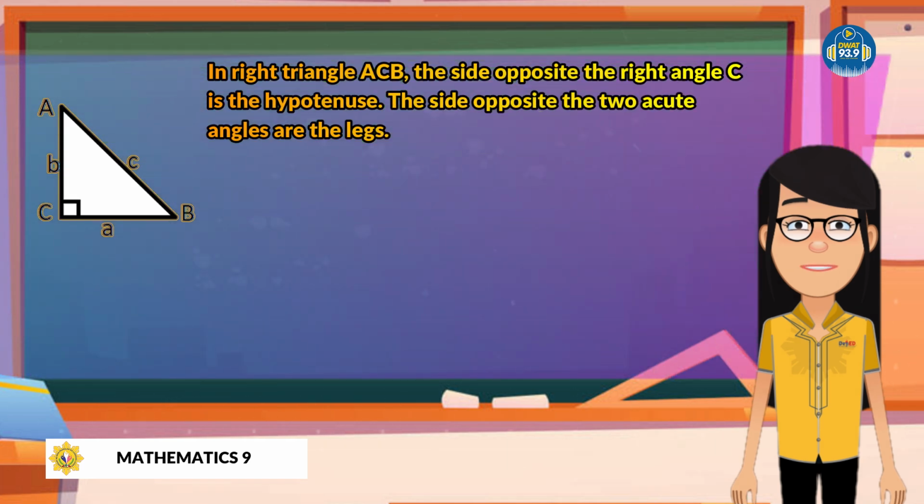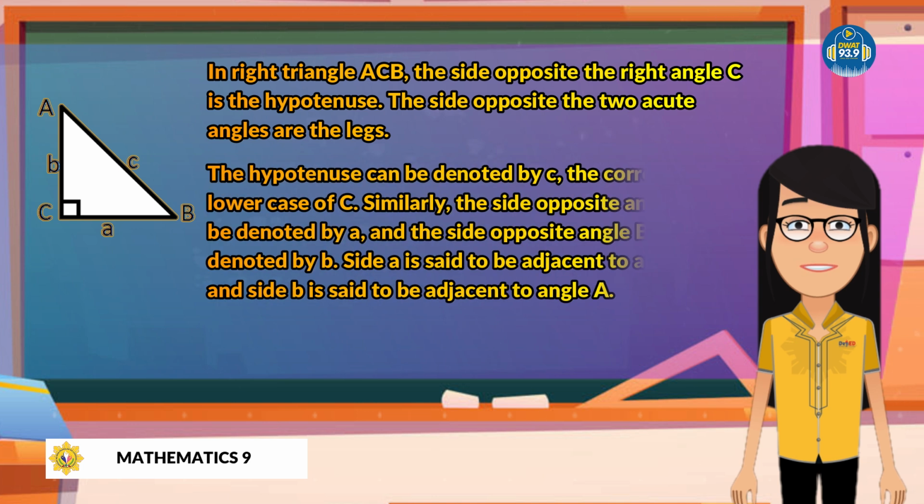Before we end, let us summarize what we have learned today. In right triangle ACB, the side opposite the right angle C is the hypotenuse. The sides opposite the two angles are the legs. The hypotenuse can be denoted by c, the corresponding lowercase of C. Similarly, the side opposite angle A can be denoted by a, and the side opposite angle B can be denoted by b.